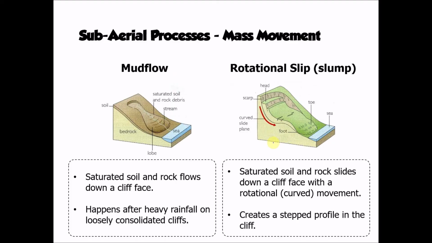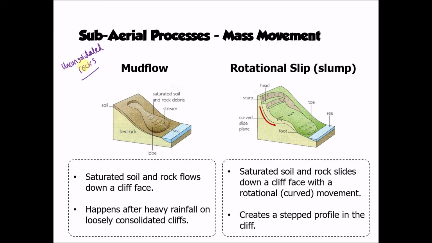Some alternative processes of mass movement then. This is likely to occur where we have unconsolidated rock. So in this case, rather than it being a solid rock like sandstone or limestone or chalk, we're talking about cliffs that are essentially made of mud, of sometimes what we call boulder clay or glacial material.